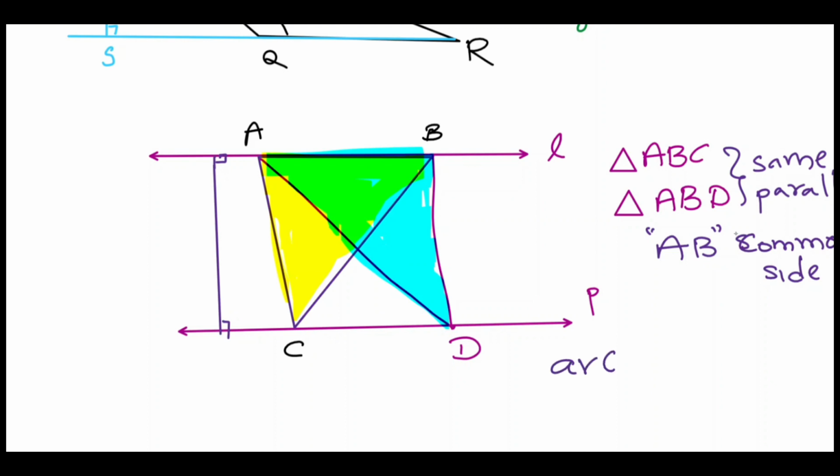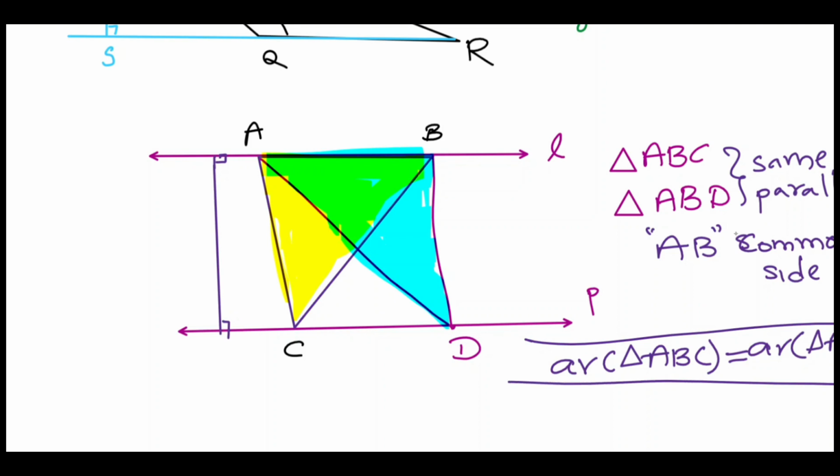So area of triangle ABC is equal to area of triangle ABD. This is the point: when two triangles have the same base and lie between the same parallels, the areas of the two triangles will be equal. Clear?